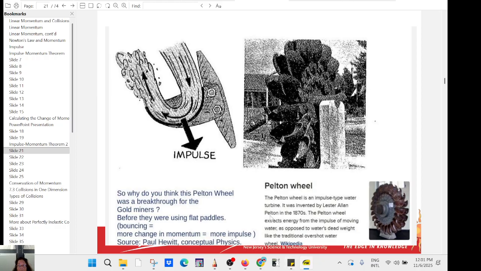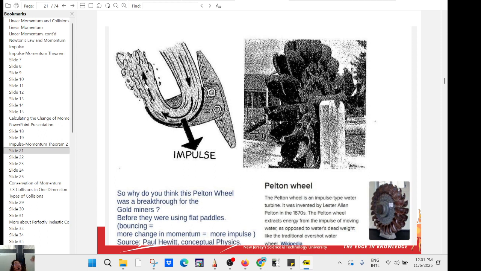So there is this guy, his first name Lester Pelton, and he got the idea. When you are mining, you need a water wheel, like a mill, right? Before, the paddles were flat, and he came with the idea to make them curved, and he patented this invention. So why is it better?